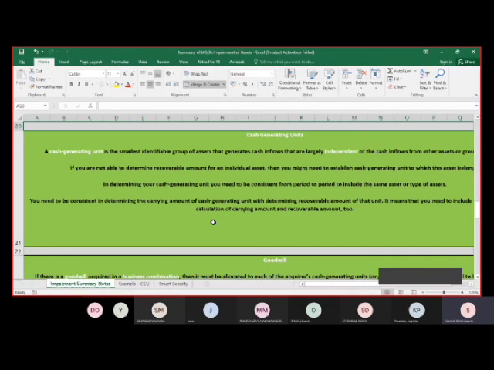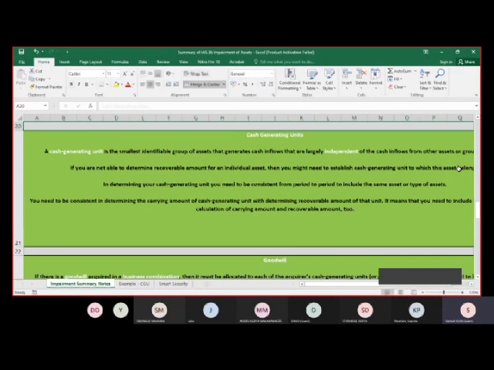So that's the example that I can think of, but I have another example that I've reserved for you. You'll see also there what could be another example of a cash generating unit. If you are not able to determine recoverable amount for an individual asset, in this case, for example, an oven, then you might need to establish the cash generating unit to which the asset belongs.